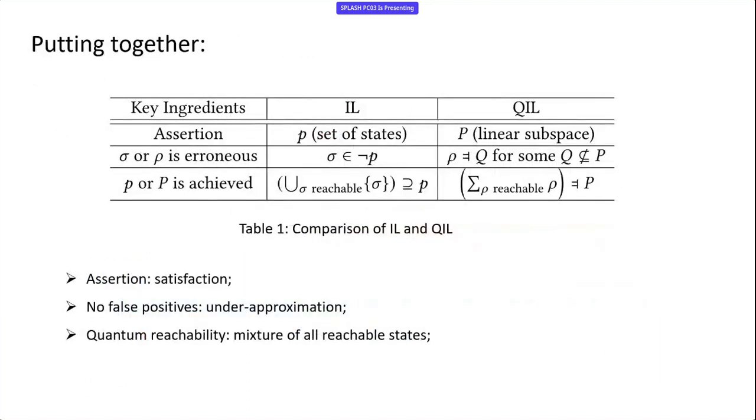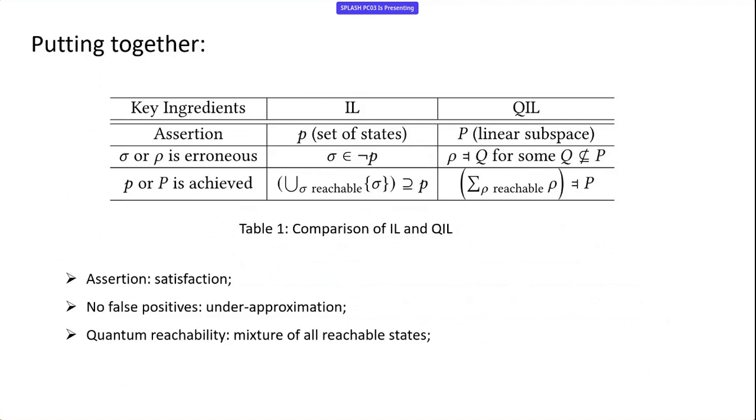Now we put the answers to these two problems together, and we get a table like this. This is the comparison between classical incorrectness logic and our quantum incorrectness triple. For the assertion in the classical setting, we use a set of states, and here we use the projection or subspace.